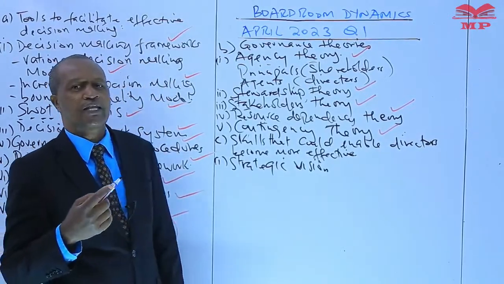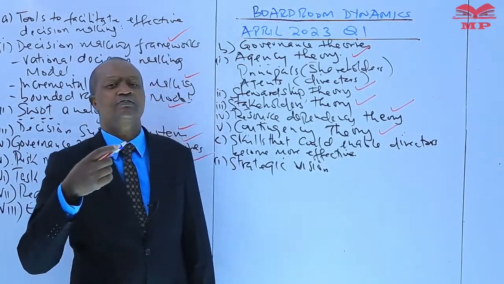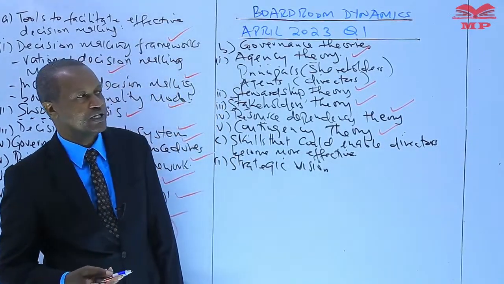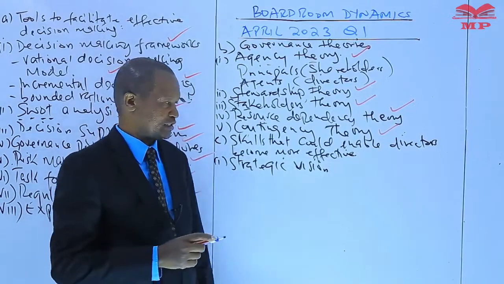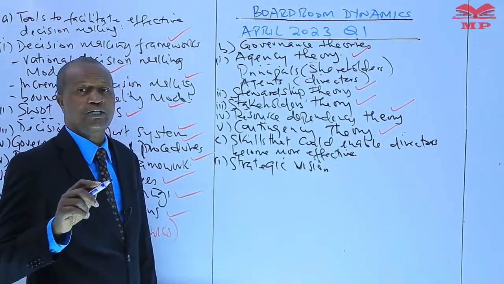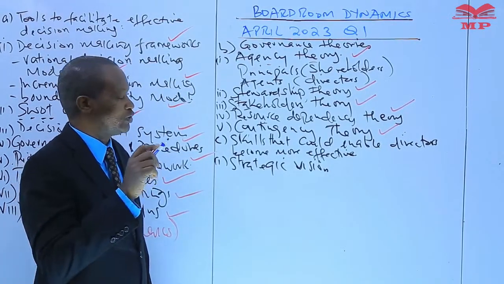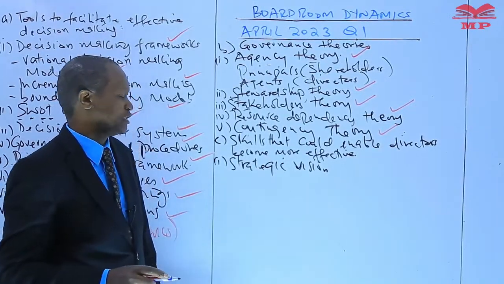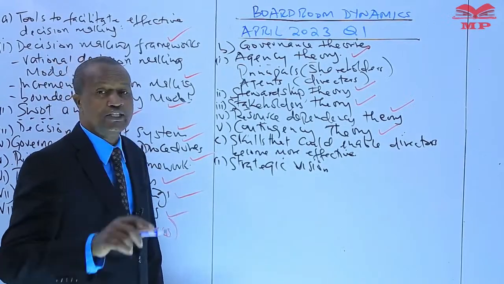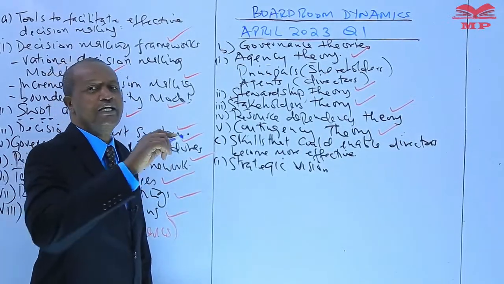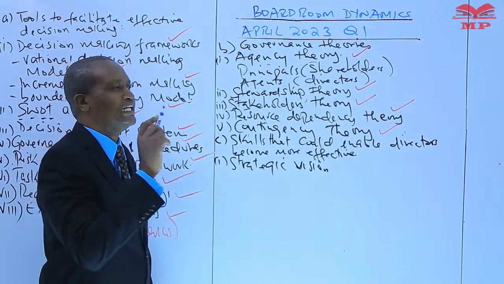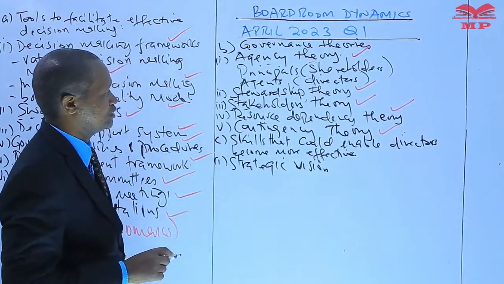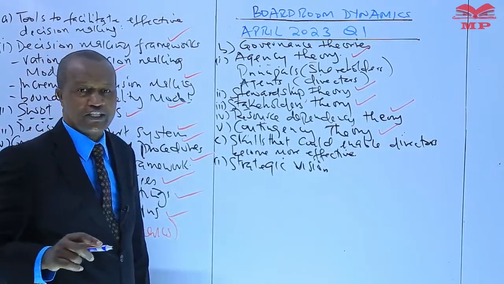That involves understanding market trends, understanding competition, understanding potential opportunities. So directors should have a clear, long-term strategic vision for the company's future. That will enable them to become more effective.